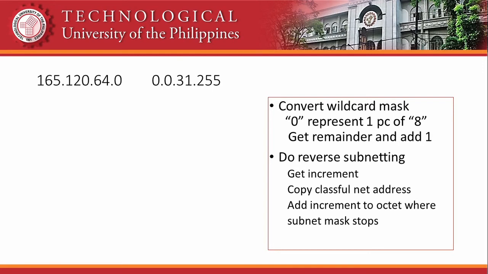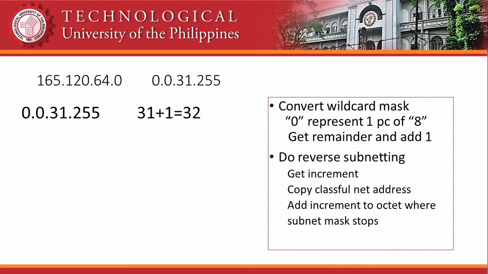Okay, gets pa? Okay, so second example natin, class B naman siya. So, first step is to convert yung wildcard mask sa subnet mask. Recall lang ulit natin yung nag-wildcard mask tayo kanina. Diba, kabaliktaran siya ng subnet mask. So, lahat ng 0 automatic multiple of 8 na yon at lahat ng 255 ay 0 na. So, makikita natin dito na meron tayong dalawang 8 tapos yung octet na may value which is 31. Mag-add lang tayo ng 1 so magiging 32.